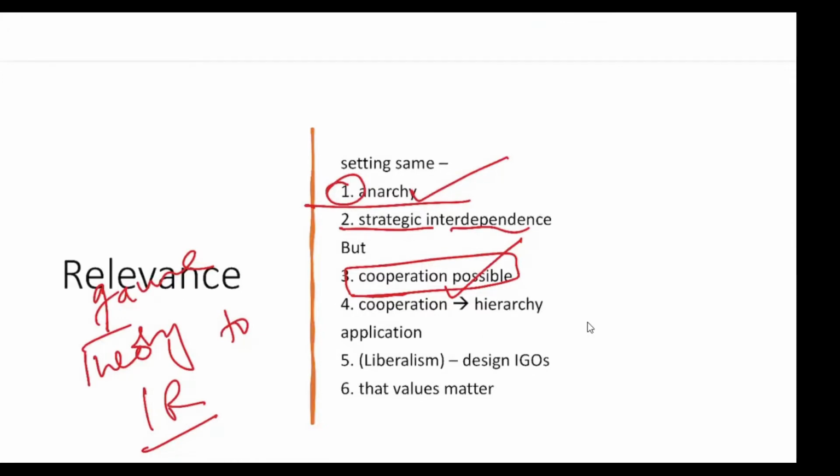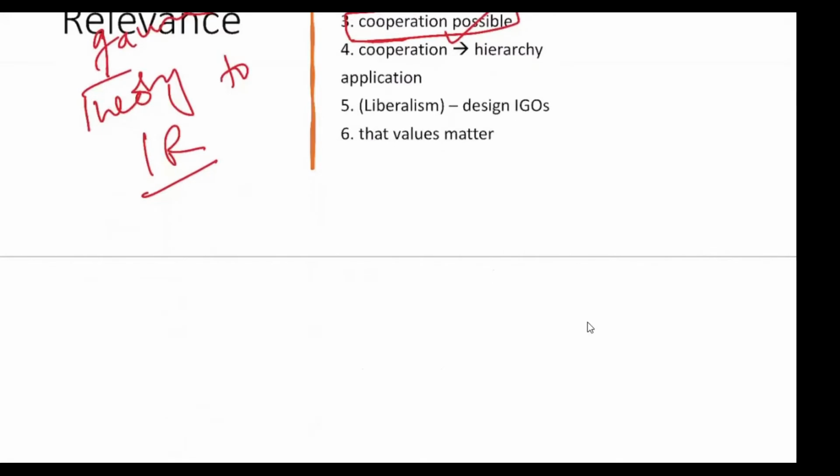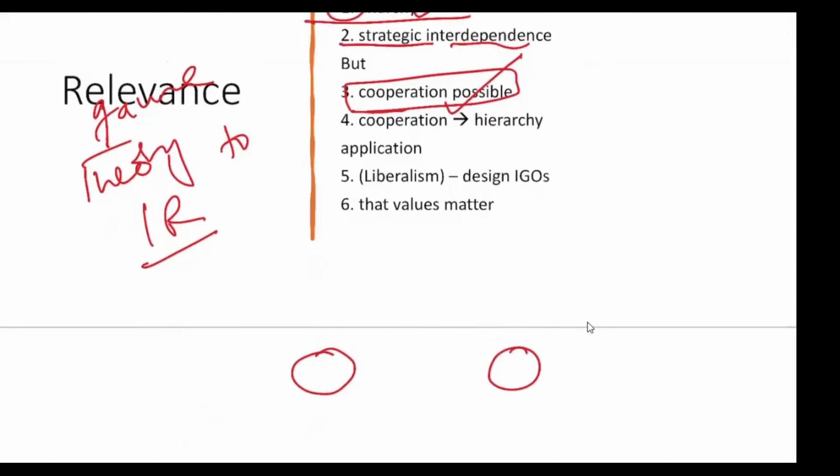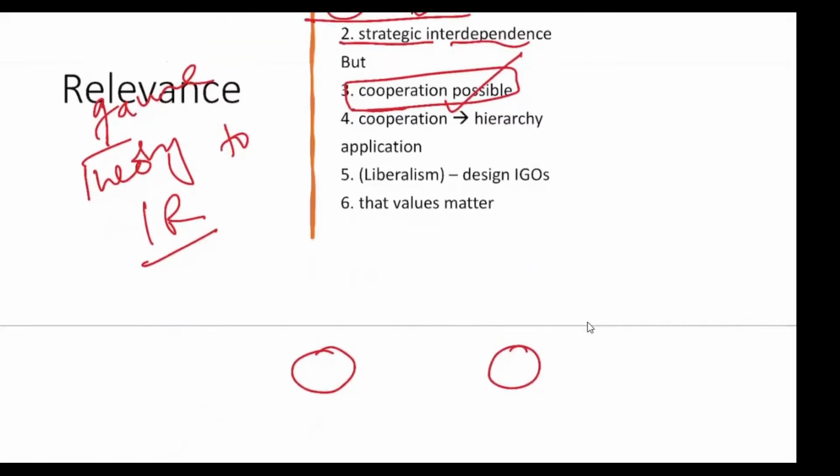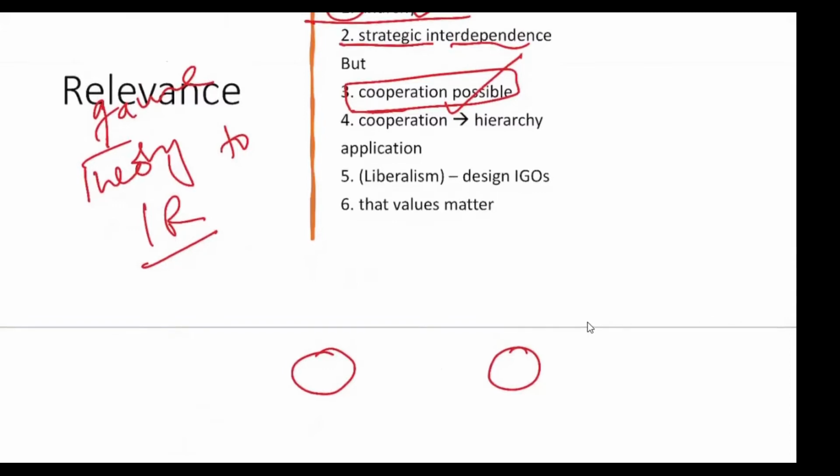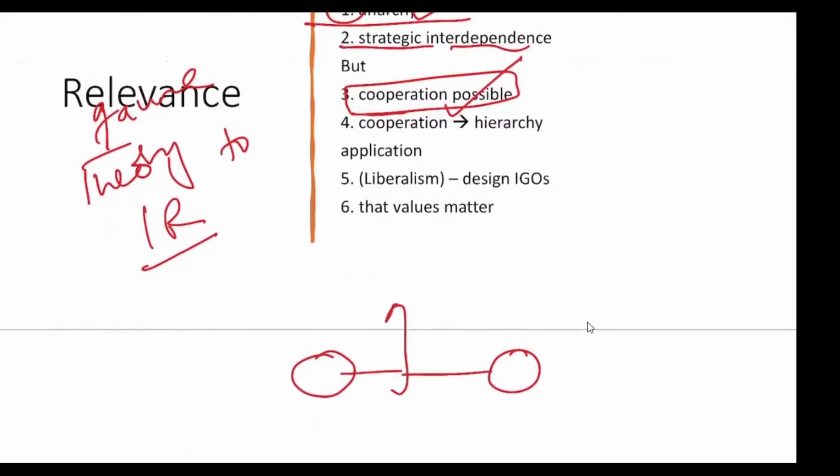And in an iterated prisoner's dilemma, prisoners will choose to cooperate. In fact, we have understood that strategic interdependence and then the cooperation benefits. And in fact, from this cooperation, hierarchy is emerging.